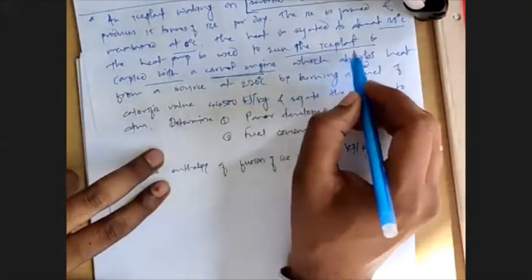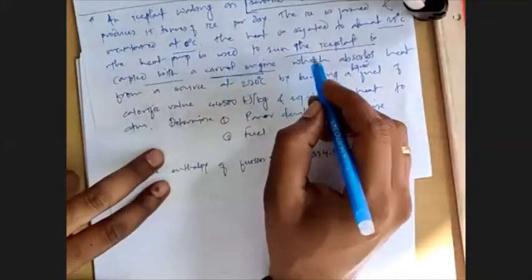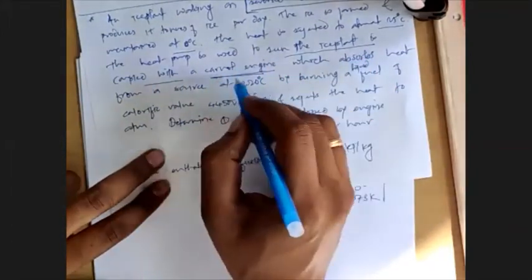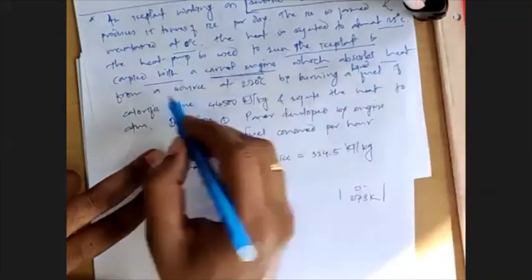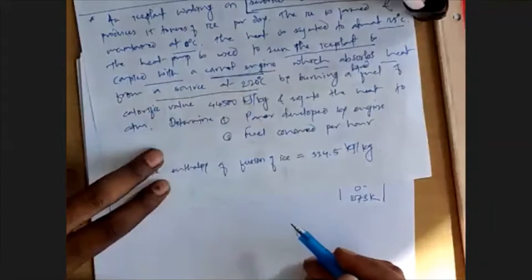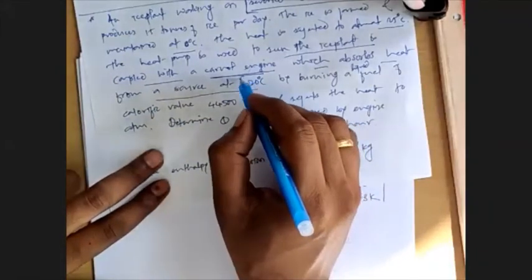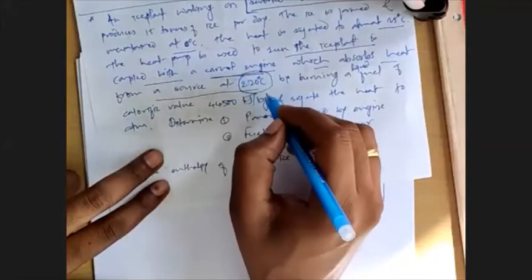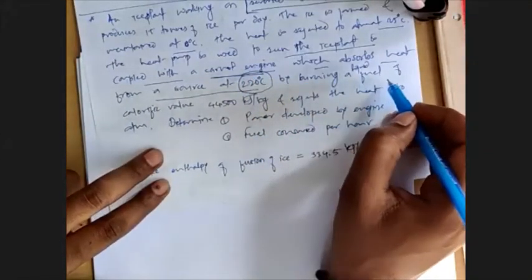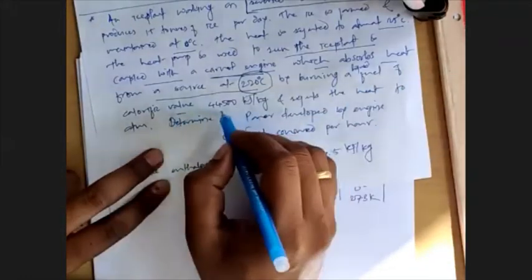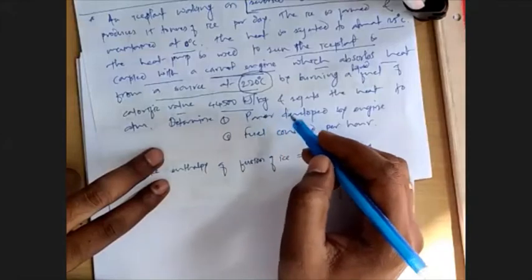So the heat pump that is used to run the ice plant is coupled with a Carnot heat engine, which absorbs heat from a source at 220 degrees Celsius. So for that heat engine, the source is 220 degrees Celsius, by burning a liquid fuel of calorific value 44,500 kilojoules per kg.